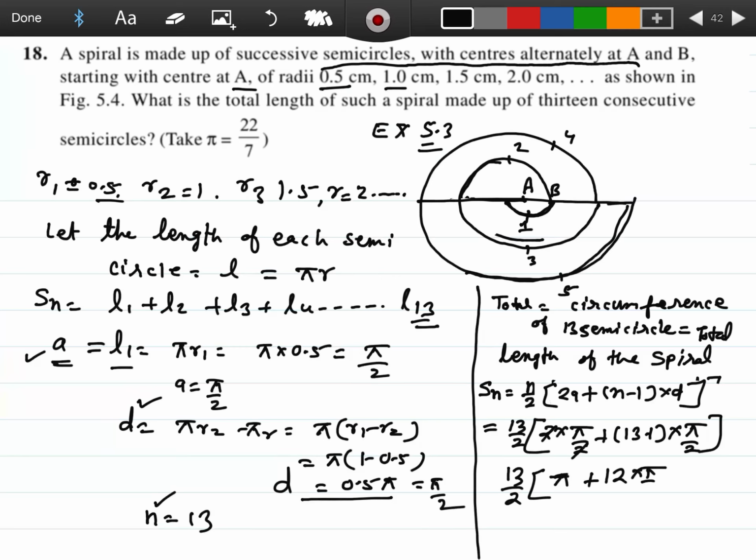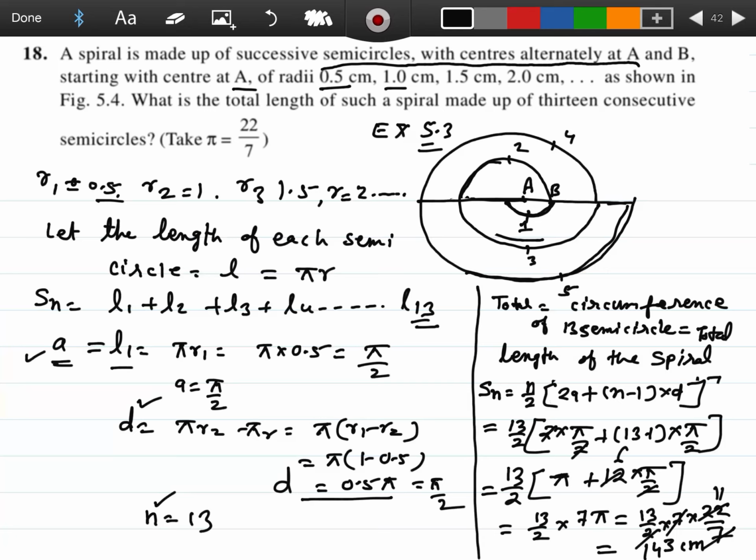So 13 by 2 into (pi plus 12 into pi by 2), that is 2 plus 6. So 13 by 2 into 7 pi, which is 13 by 2 into 7 into 22 by 7. The 7s cancel, and we get 143.